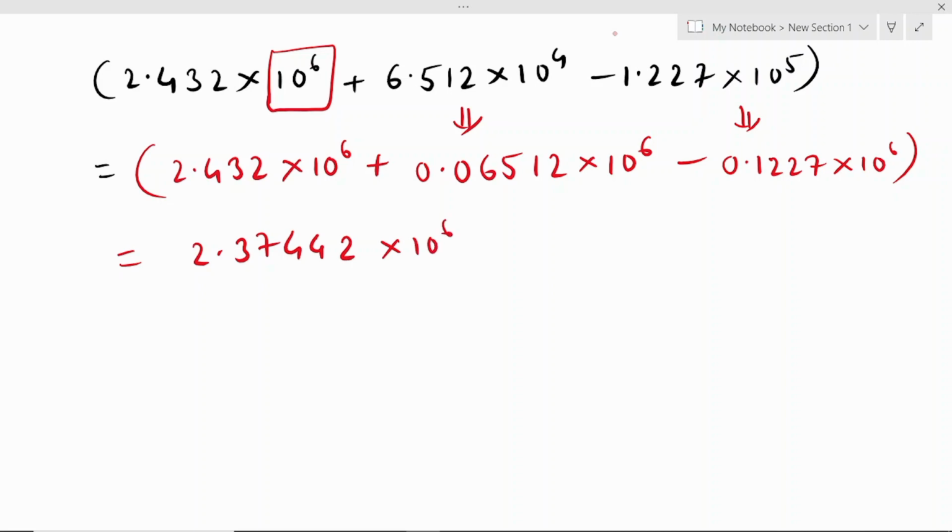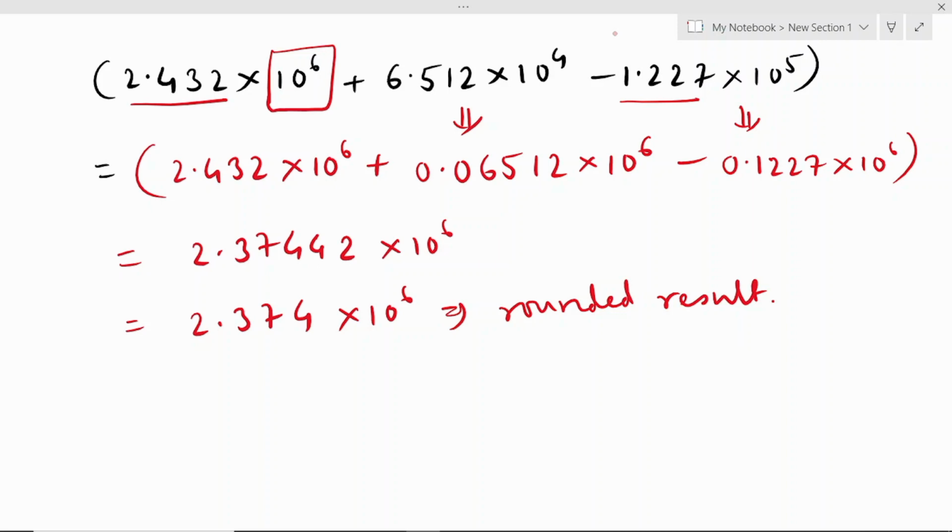Now here we see that all these contain 4 significant figures. This is 1, 2, 3, 4. This also 4, this also 4 significant figures. So we have to write this as 4 significant figures. So the rounded result would be 2.374 times 10 to the power 6. That is the rounded result.